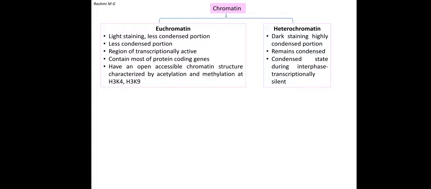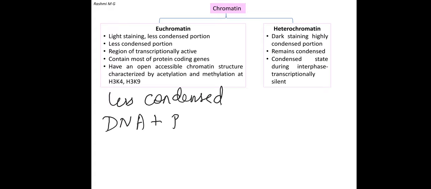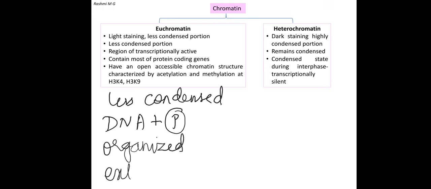Let us summarize what we learnt about chromatin. Chromatin is less condensed. It is made up of DNA plus histone proteins. Now we know that the protein is histone protein, and it is organized and has extended DNA.